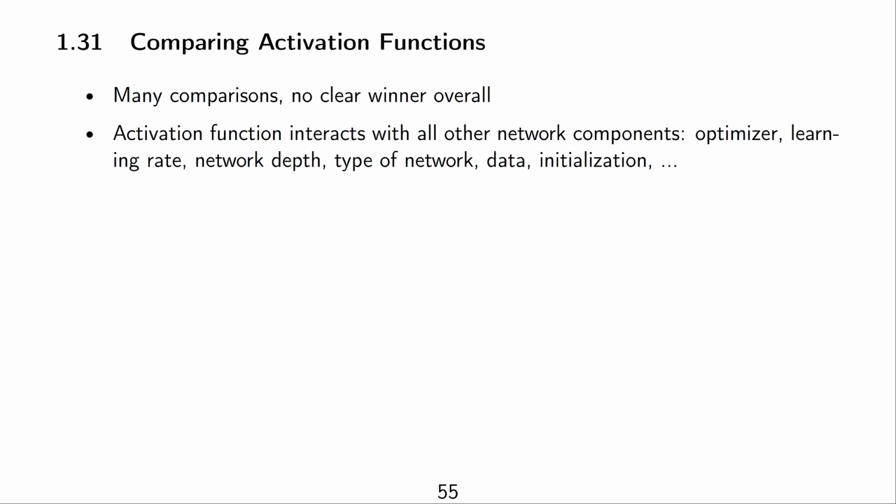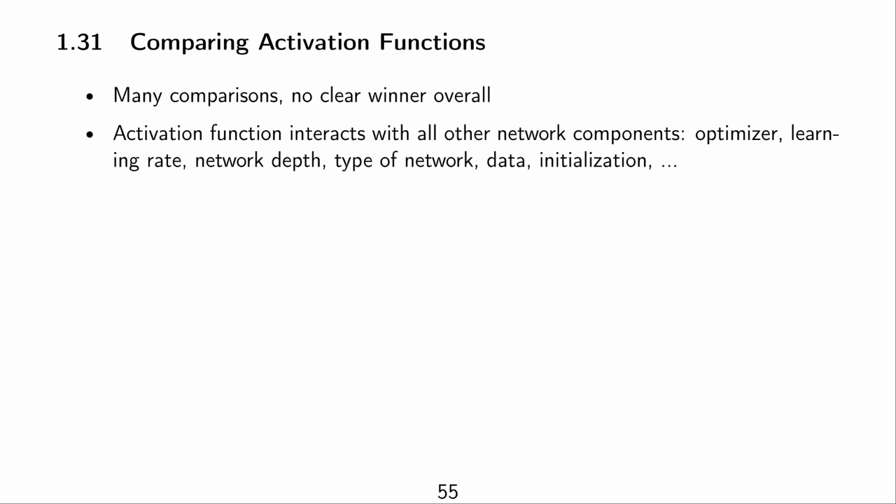You might also say, well, why don't we just go and create a large test set and compare the performance of different activation functions to settle this debate. And there exist these papers, these review papers, these blog posts comparing activation functions. However, this is not so easy.